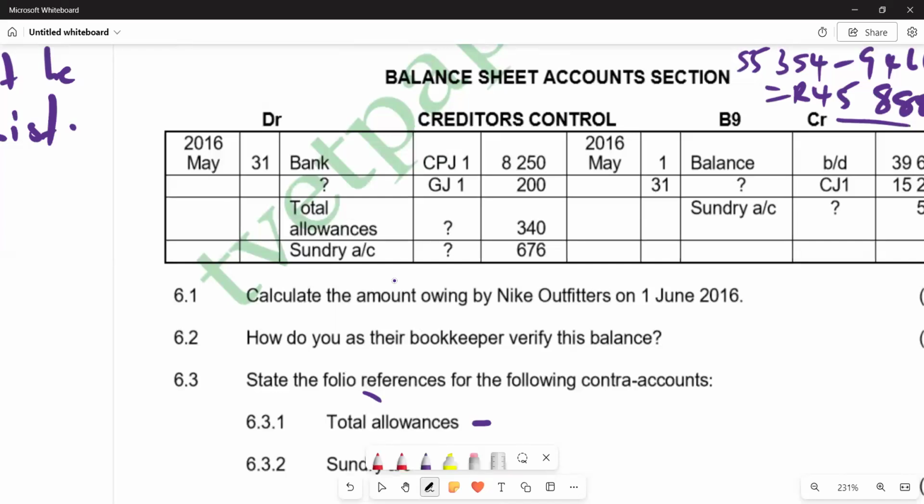So it means these are coming as returns, and they are reducing the figure that we have on the credit. So obviously we are going to have a creditors allowance journal being the folio reference. So here we are saying a creditors allowance journal, which is the CAJ.